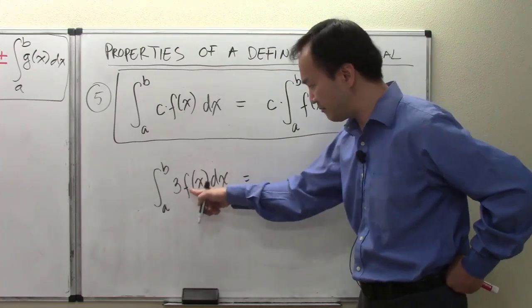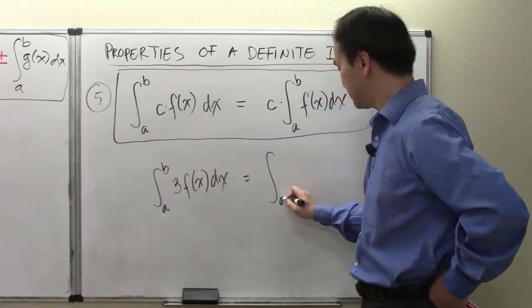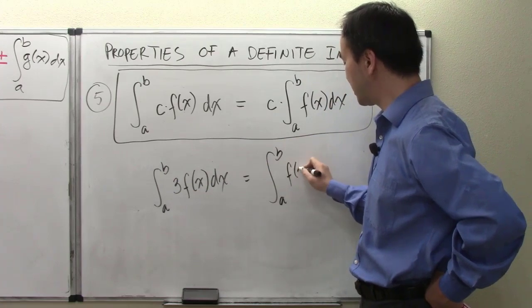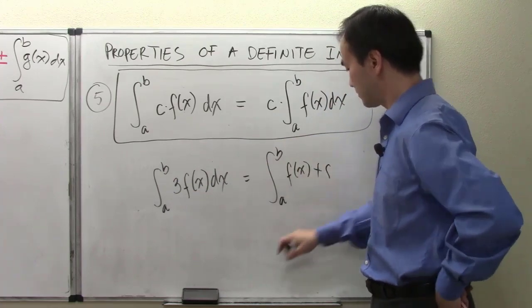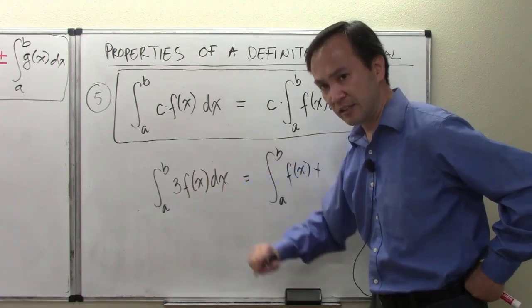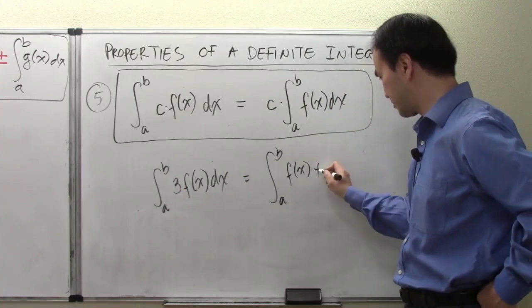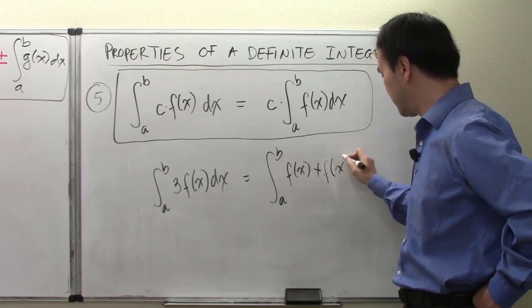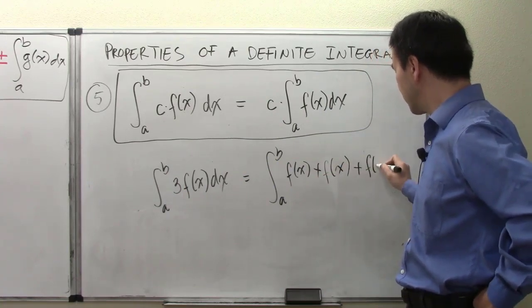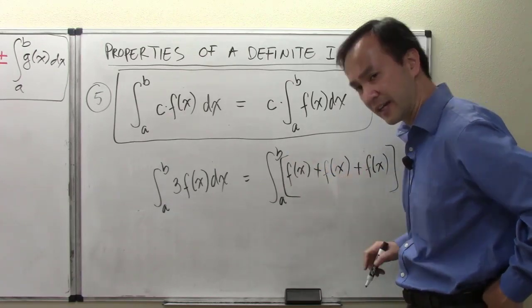But 3 times f of x means inside of this integral, we can think of that we have 3 terms, f of x plus f of x. I'm just making up some arbitrary constant coefficient like that. So if it's a 3, then think about it as f of x plus f of x plus f of x. In the end, it's a function with 3 separate terms, f of x, f of x, f of x, and dx.